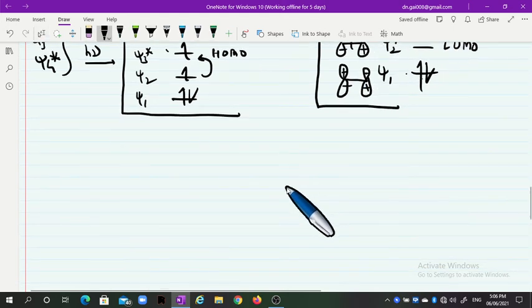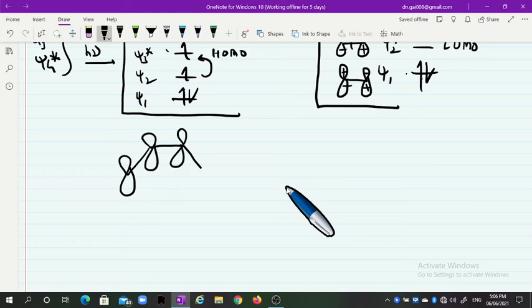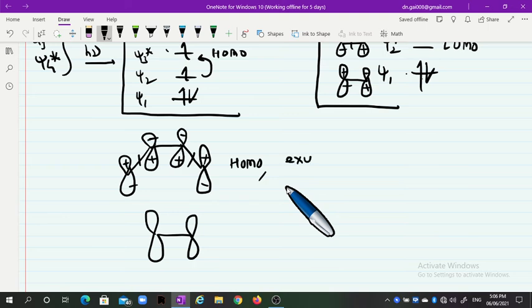Now we will draw the HOMO of the excited state diene. Psi3 star has two nodes: positive, negative, positive, negative, positive, negative. This is our HOMO, that is, the excited state butadiene.